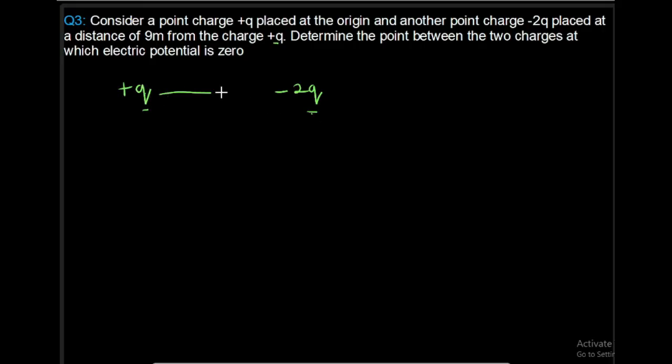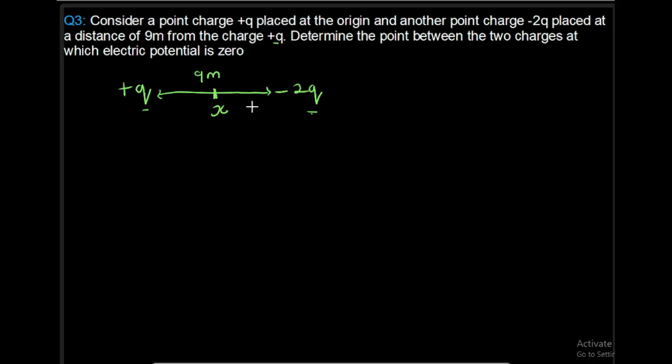So say this distance between them is 9 meter. They say determine the point between the two charges at which electric potential is 0. So again, at a particular point between the two charges, electric potential is 0. Now, do we know the value of that point? No, we don't. So we'll just label it as X. That's what we're looking for.